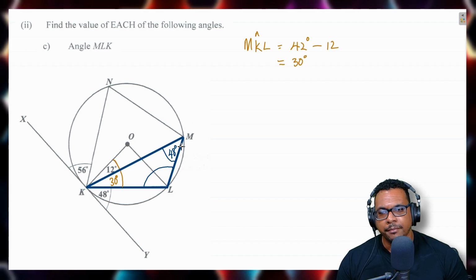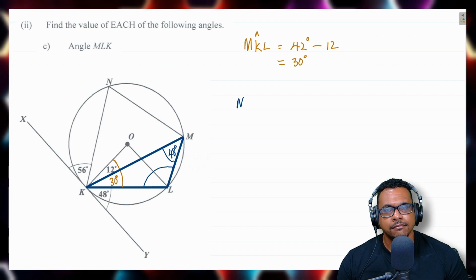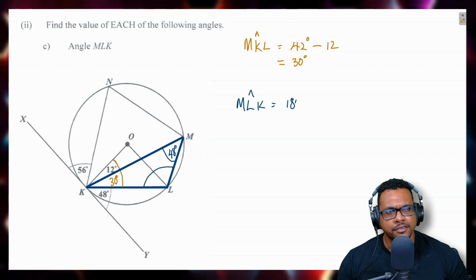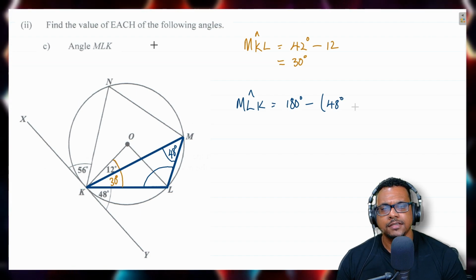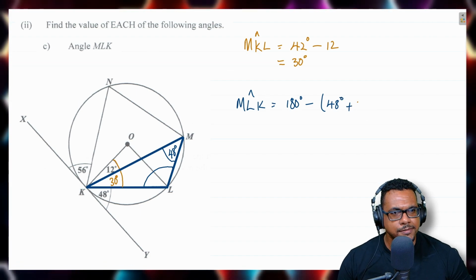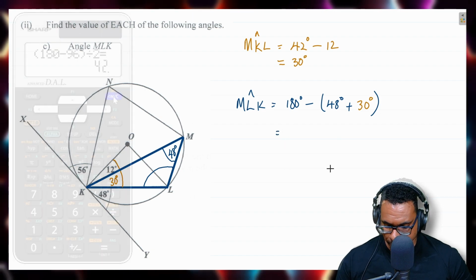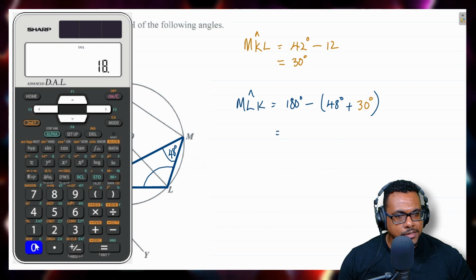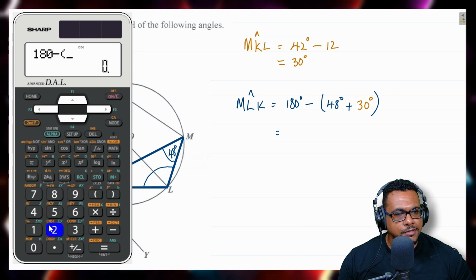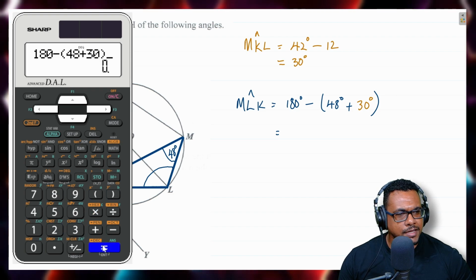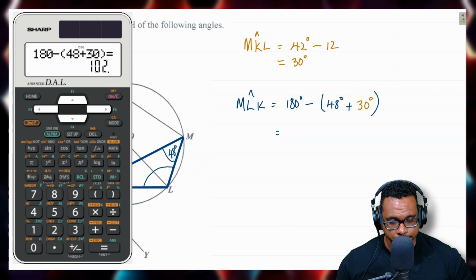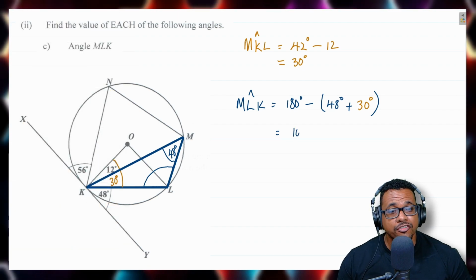So angle MLK is equal to 180 degrees, take away, open brackets, 48 plus 30, close the brackets, and we get 102 degrees.